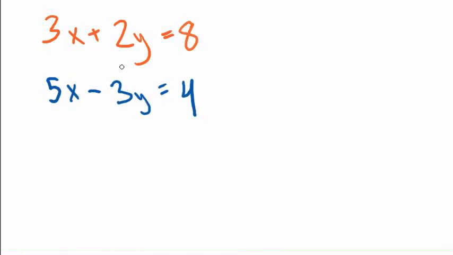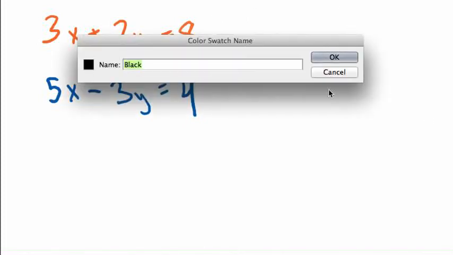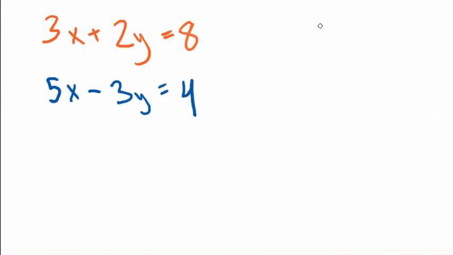Because I have a positive number up here and a negative down here. So imagine if both of these numbers were actually the same number, then when I add them together, they'll cancel out. So what I'll have to do is multiply both of my equations by a number to make my y coefficient the same number, but opposite signs.